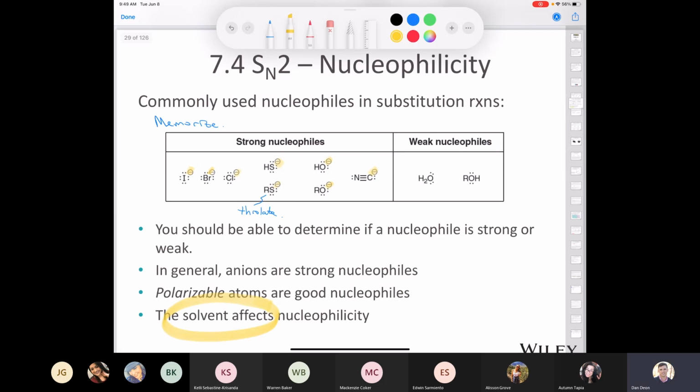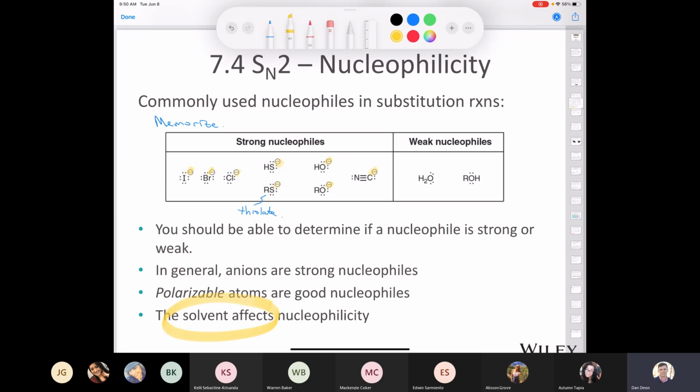You've all passed Gen Chem 1, Gen Chem 2, but you don't talk about solvents a ton in chemistry class, really until you get to this section.